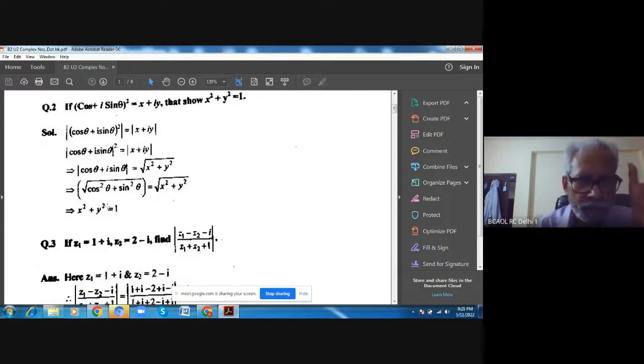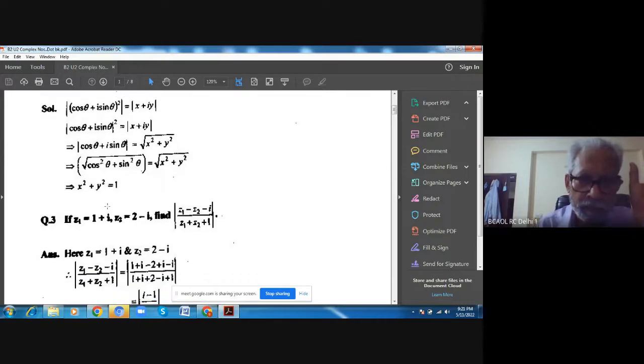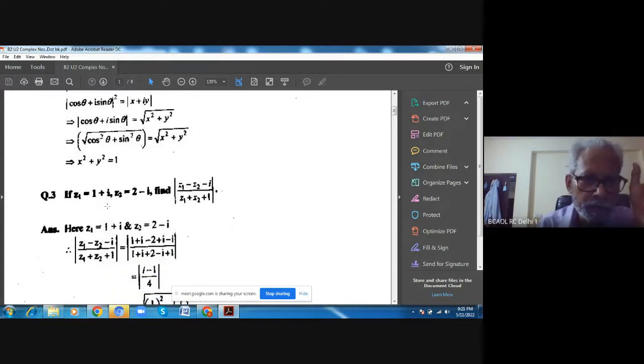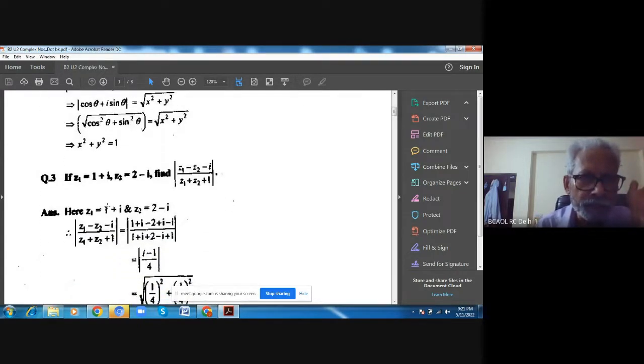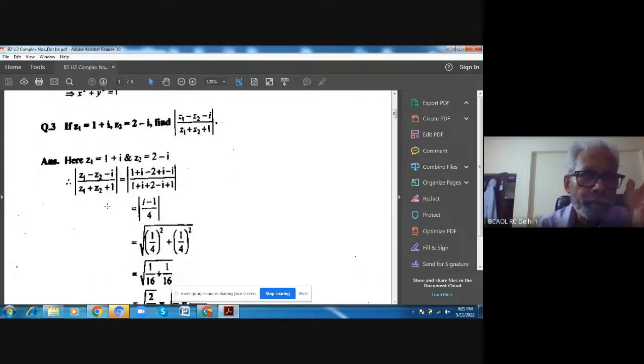It's simple algebra. Actually, you see, nothing is critical, nothing is new. Everything you can do, no problem. Here also Z1 and Z2 are there, and you can simply calculate it. Find these things. Z1 and Z2 are given, so you can do it this way.